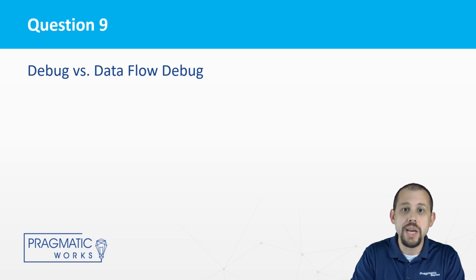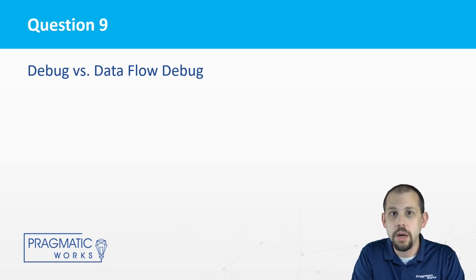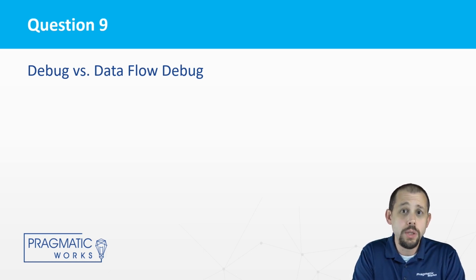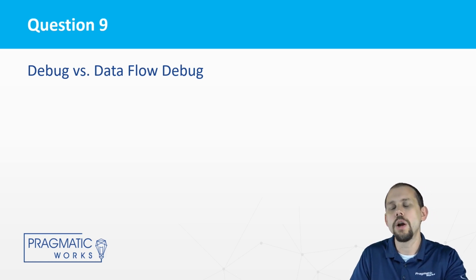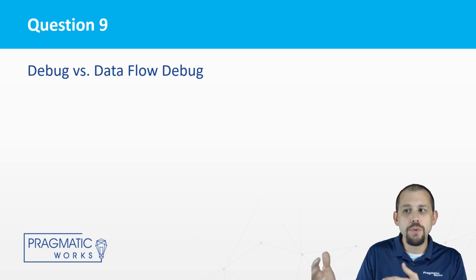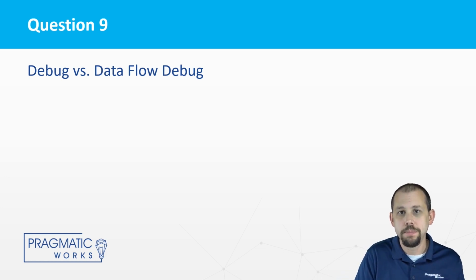One of the questions we got a couple of times was, what's the difference between Debug and Data Flow Debug? Because you'll notice that if you're in a data flow, you can't just run a debug operation and the data flow completes. It doesn't work that way. The difference is that Data Flow Debug is actually the provisioning behind the scenes of a Databricks cluster.